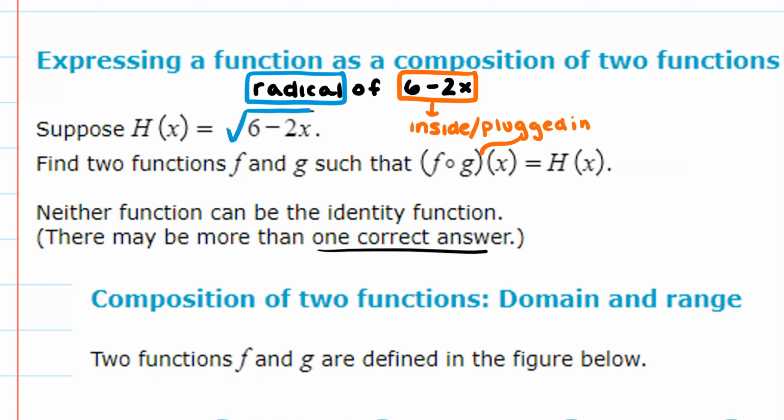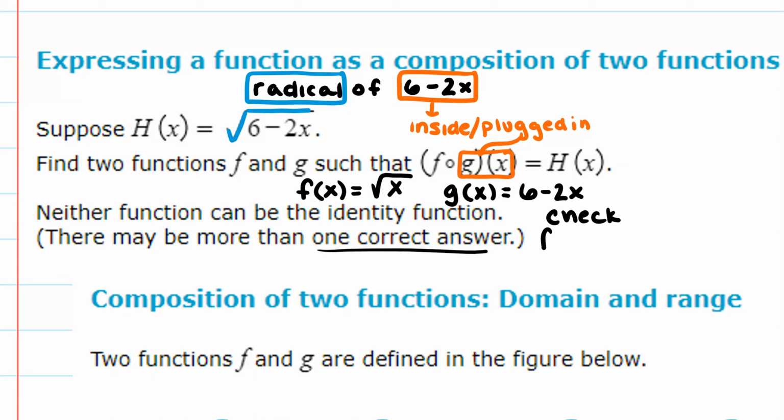And remember, the thing that you plug in is g of x. So here, I would say that my f of x function is square root of x, and my g of x function is 6 minus 2x. Now let's check. f of g of x.